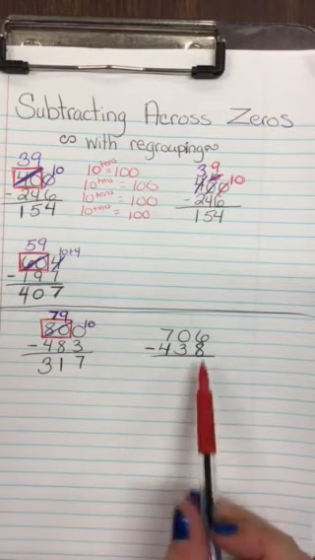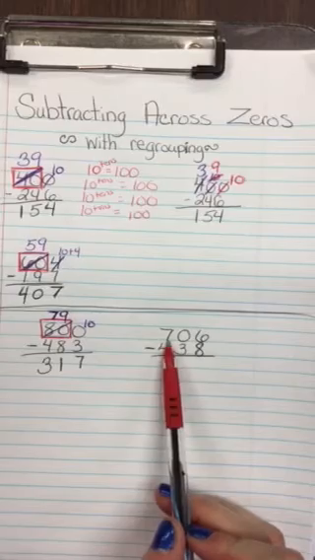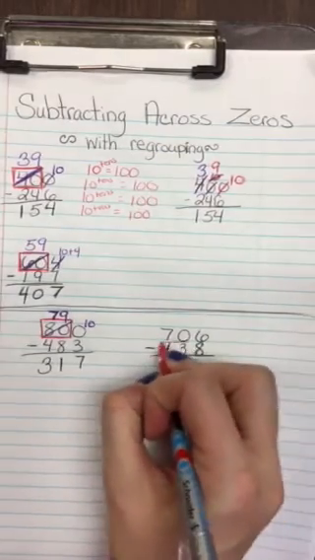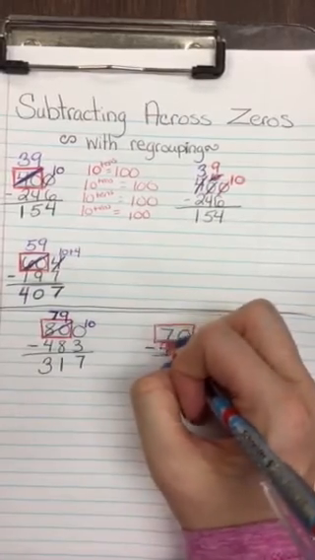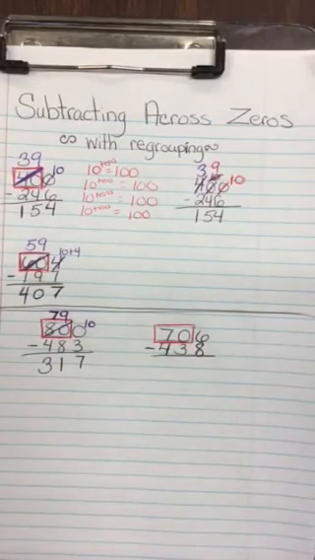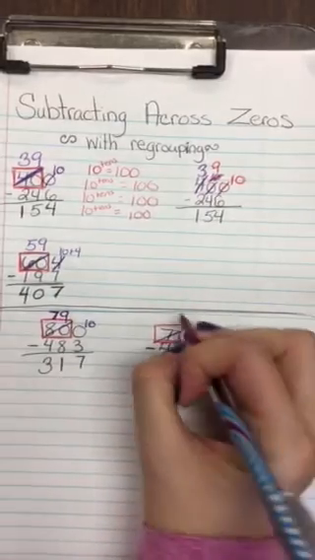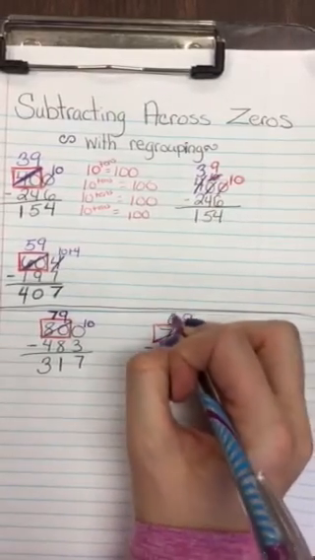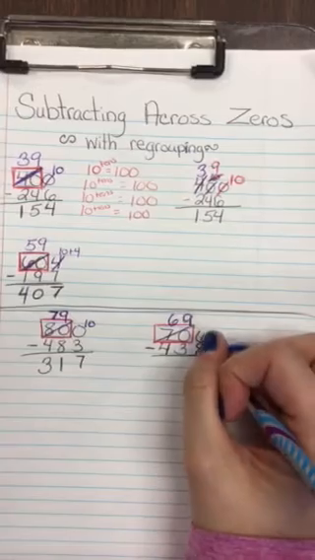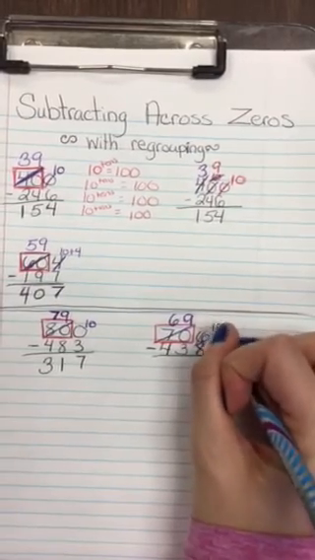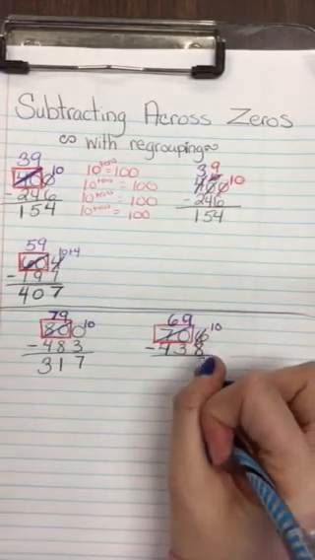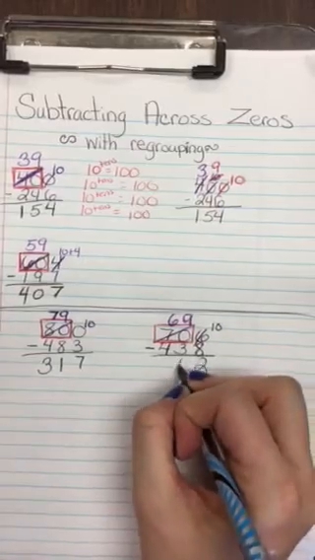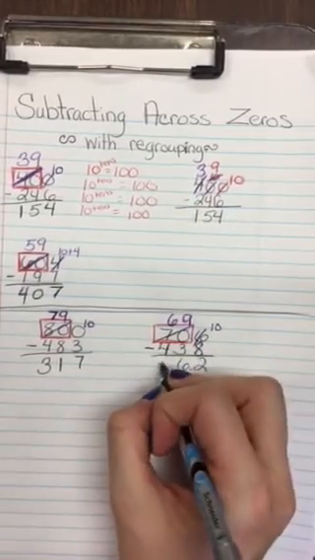So let's think about this not as 700, but as 70 tens. And if I regroup one of those 70 tens, that will leave me with 69 tens here and 1 ten in the ones place. 10 minus 8 is 2. 9 minus 3 is 6, and 6 minus 4 is 2.